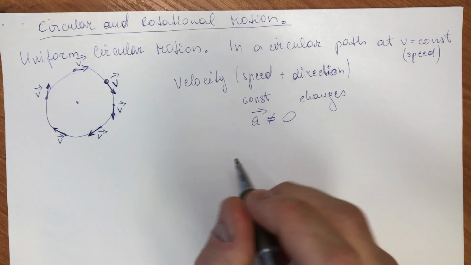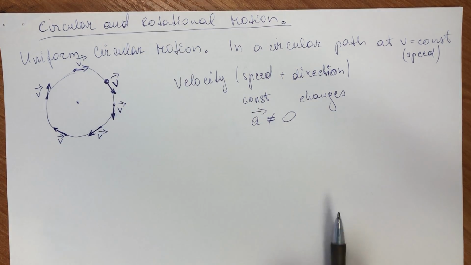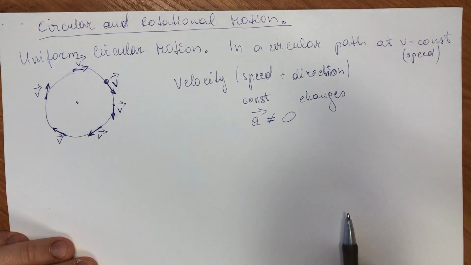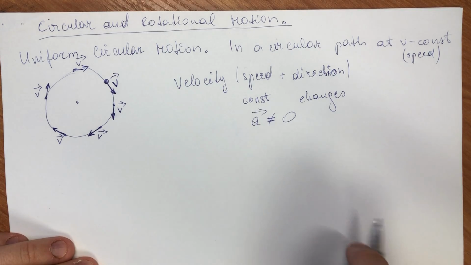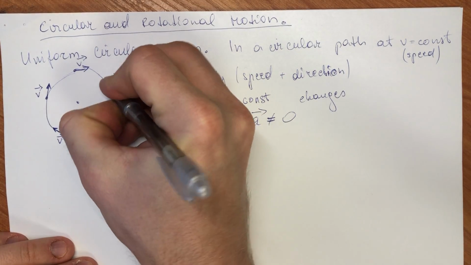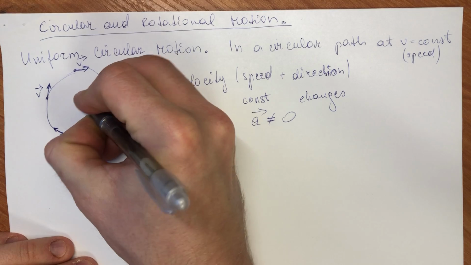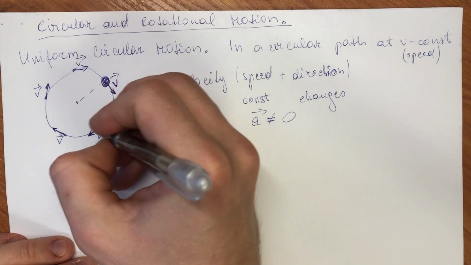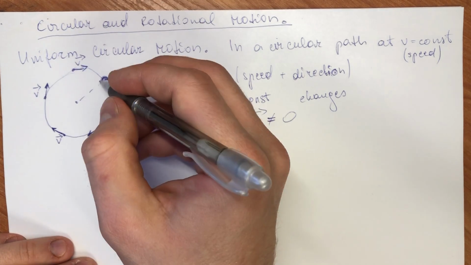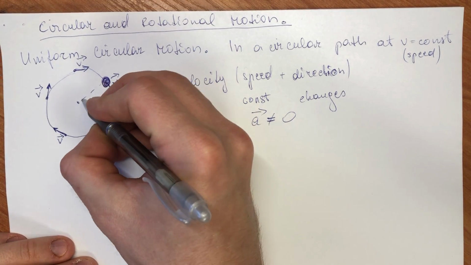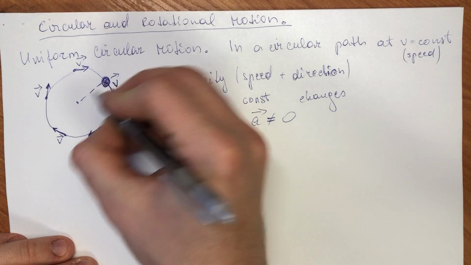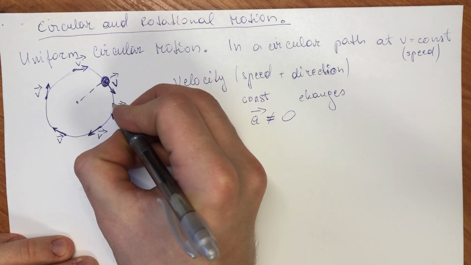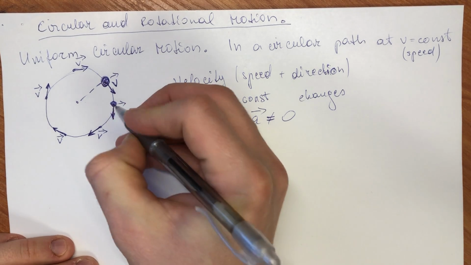Imagine that you whirl a stone on some kind of string. The stone is tied to a string. So here is the string, here is the stone, and you just whirl it around. And imagine that this string breaks. What happens with the stone at this point?